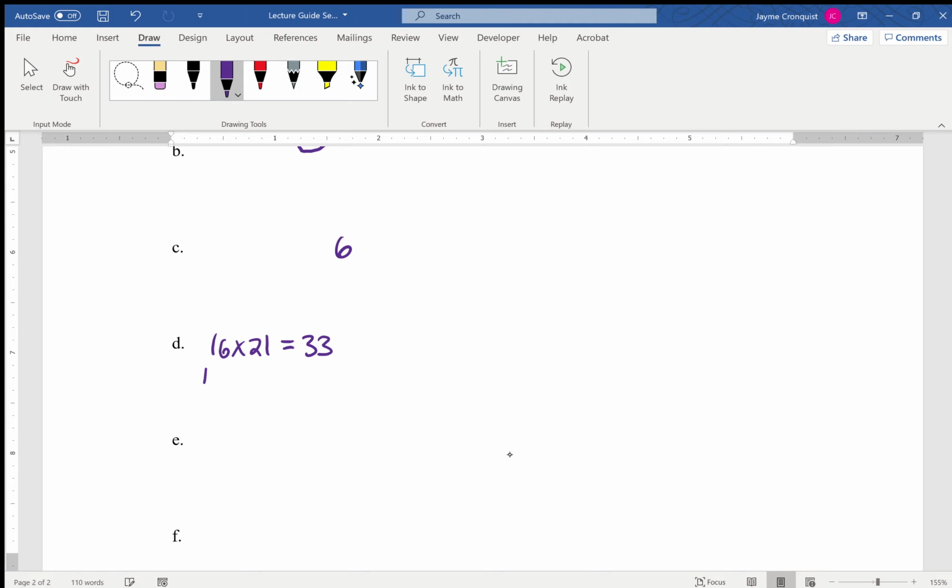I have 1/2 times the base of 21 times the height of that rectangle, which was 16. So that's basically 8 times 21. 16 divided by 2 is 8. I get 168. Now I have to add these together.